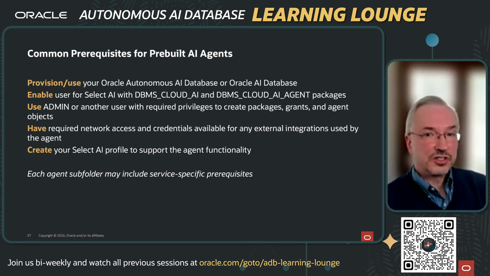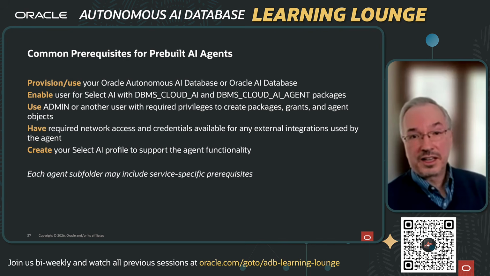Now, before installing an agent from your repository, there are a few prerequisites. Of course, start with your database and enable the user with the appropriate privileges for Select AI. And if you're using Oracle AI database, you'll need to explicitly install the DBMS Cloud AI and DBMS Cloud AI agent packages.